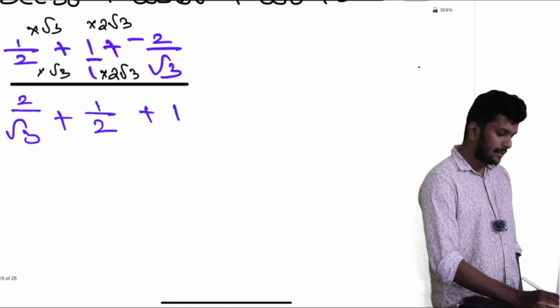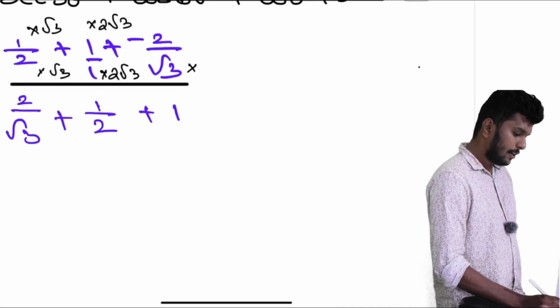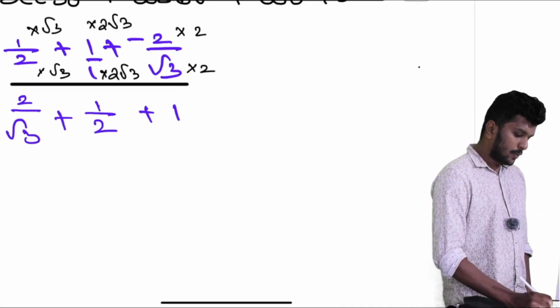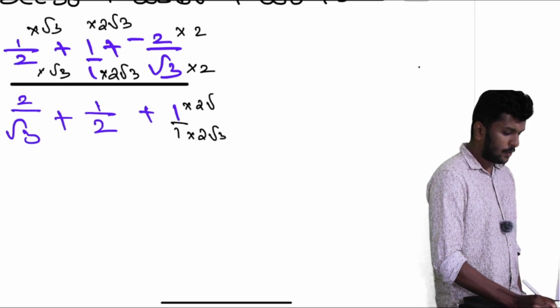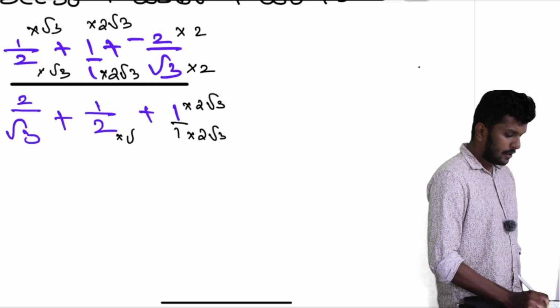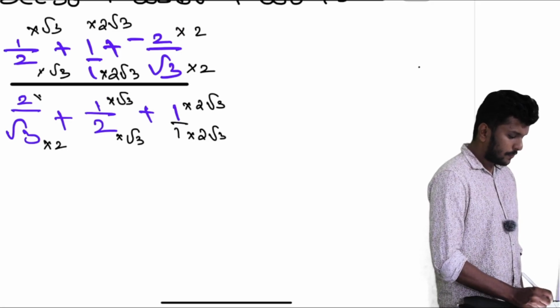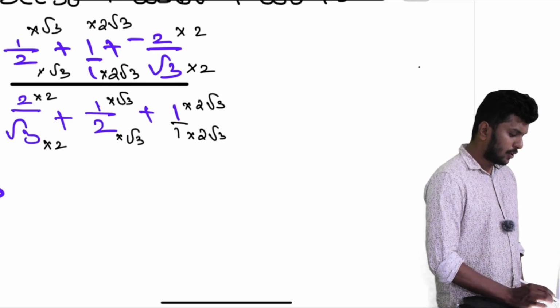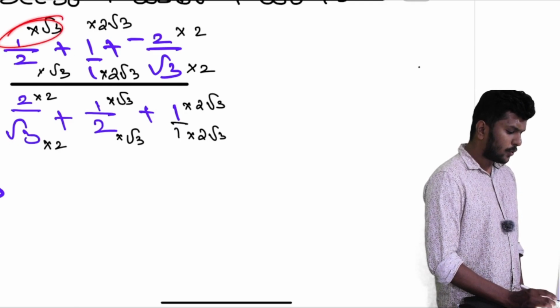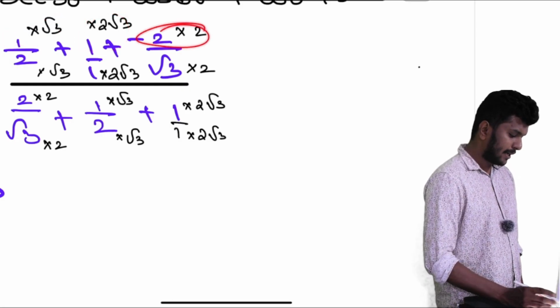For root 3 to become 2 root 3, multiply by 2. Same in the denominator. Now look at the numerator: 1 into root 3 is root 3, 1 into 2 root 3 is 2 root 3, minus 2 into 2 is 4.